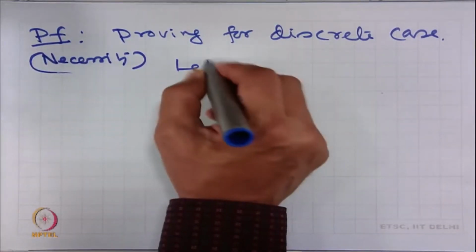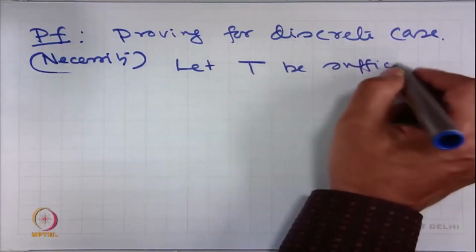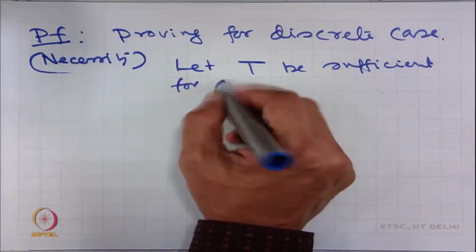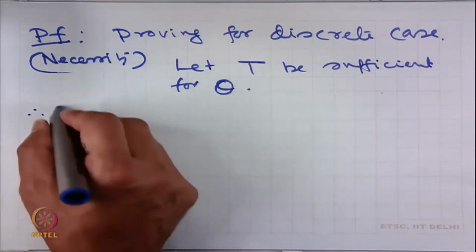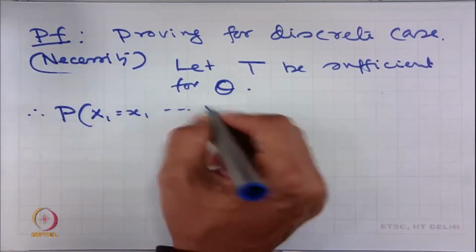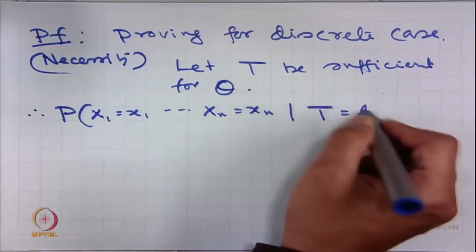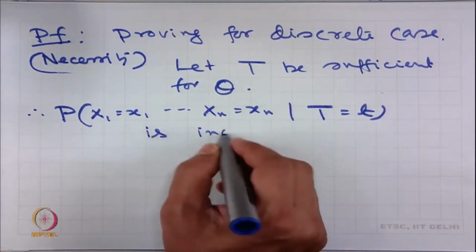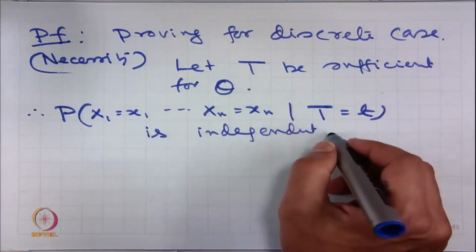Let t be sufficient for theta. Therefore, probability x1 is equal to x1 up to xn is equal to xn given t is equal to t is independent of theta.